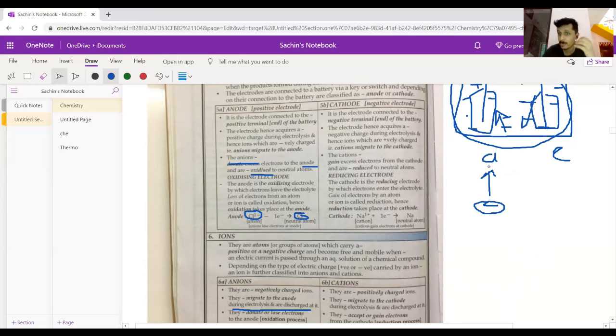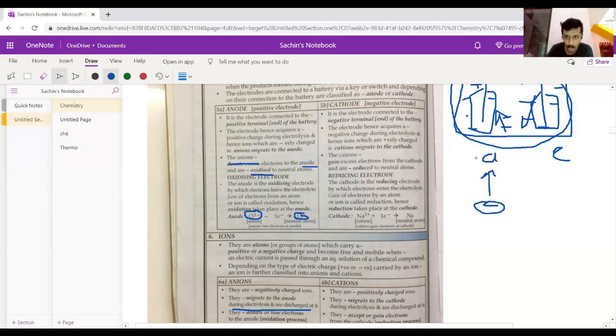But in turn, what happens to the anode itself? The anode is oxidizing the negative anions by taking the electron from the anion. But since the anode itself is taking the electron, the anode itself is reducing. So the anode undergoes reduction, but it oxidizes the anion. Is it clear? The anion moves to the anode and loses electrons to it.